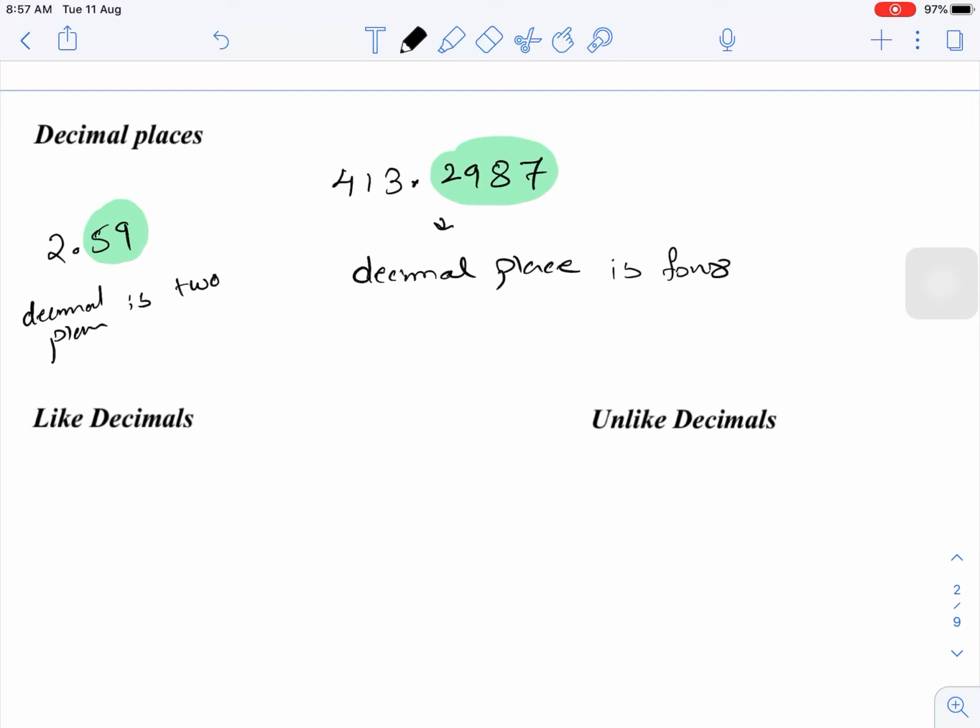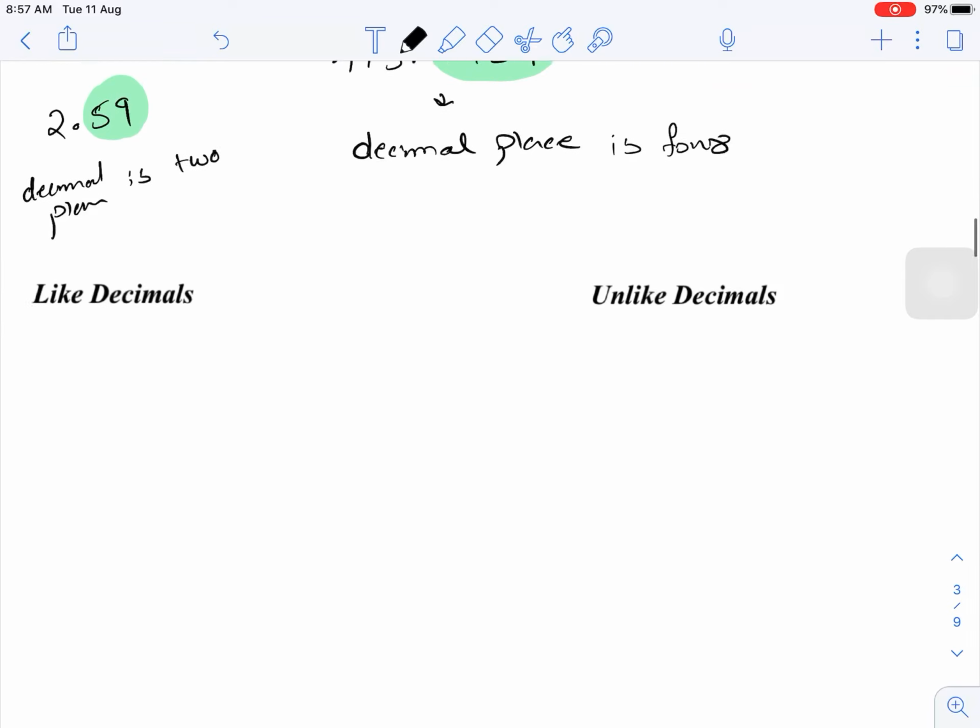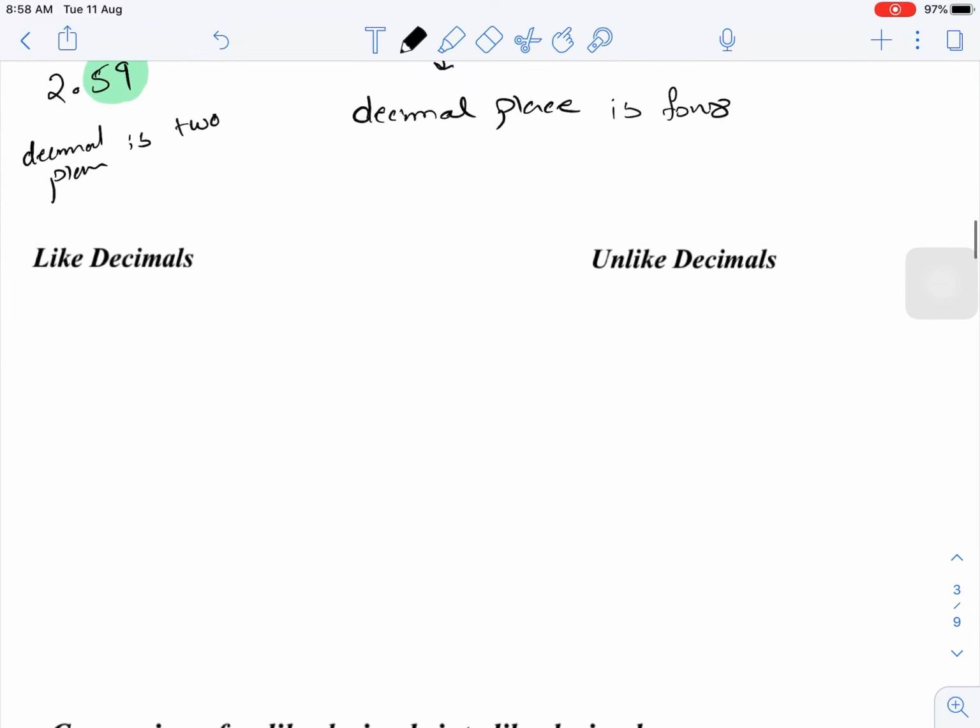Now our next topic is like decimals and unlike decimals. Let us consider numbers, for example 2.59, then 3.72, 8.96. If you look at all these numbers, how many digits are there to the right of the decimal? There are two digits to the right of decimal.